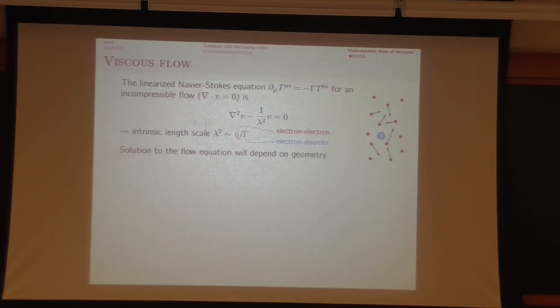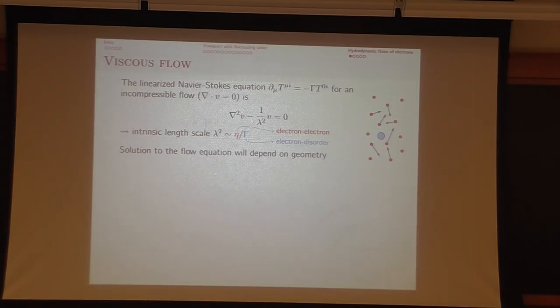Here I dropped all the higher derivative terms, and we just focus on the most relevant terms. If I plug in the constitutive relation for the stress tensor in terms of the velocity, I'll get what is called the Navier-Stokes equation in hydrodynamics, except here I have momentum relaxation on top of the usual Navier-Stokes equation, which for an incompressible flow has this simple form.